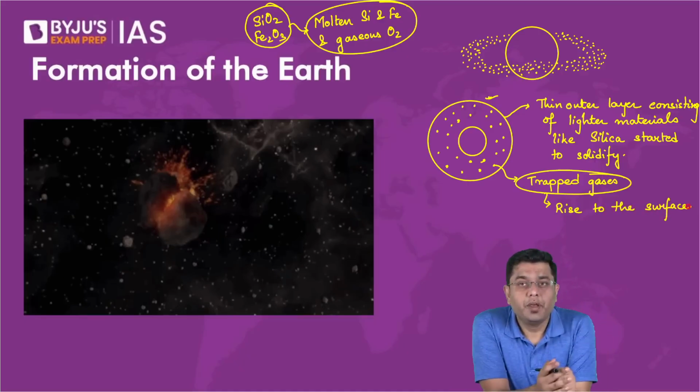Now, when they rose to the surface, with the pressure, they would bring molten materials as well. And because the outer surface was not very hard, they could easily break through the surface. And that is how eventually you had volcanic eruptions. Hundreds, thousands, millions, billions, and trillions of volcanic eruptions.